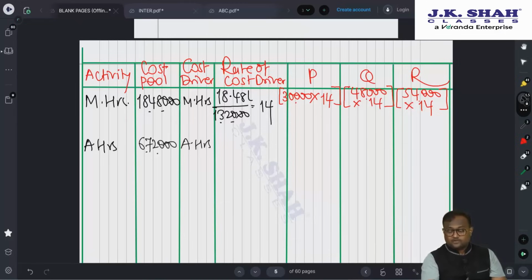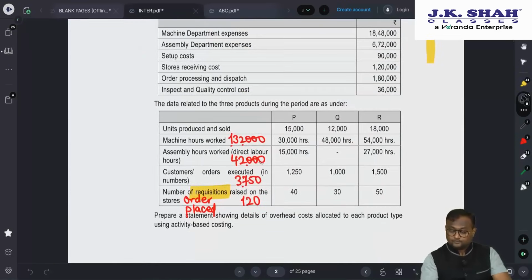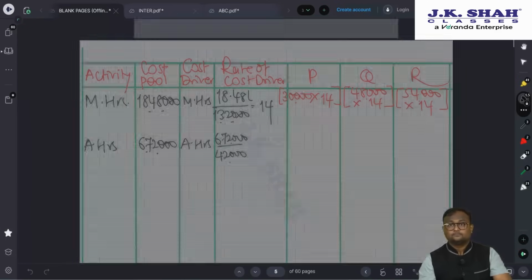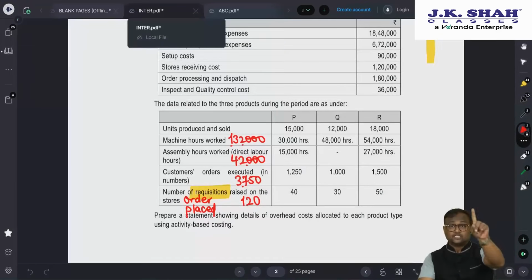Assembly cost will be divided by assembly hours, so 6,72,000 divided by the total 42,000 assembly hours gives 16 per assembly hour.